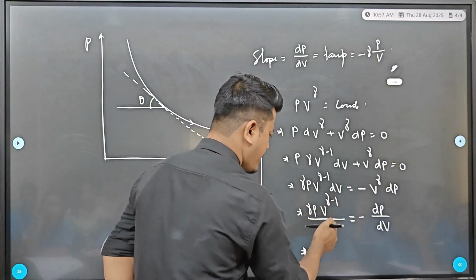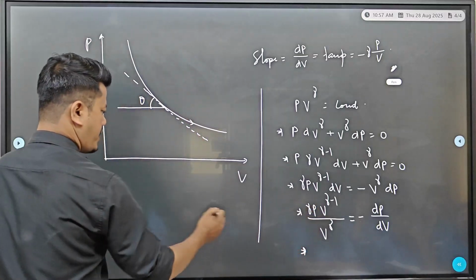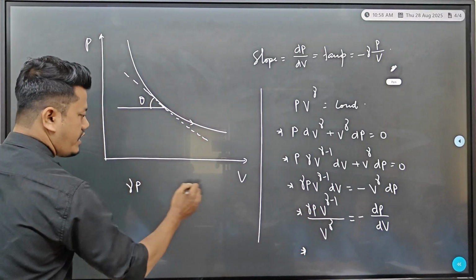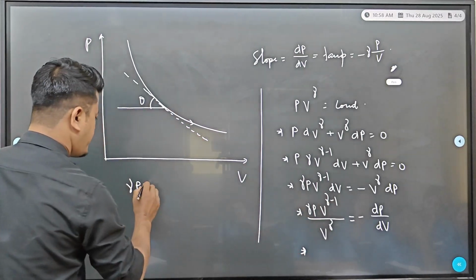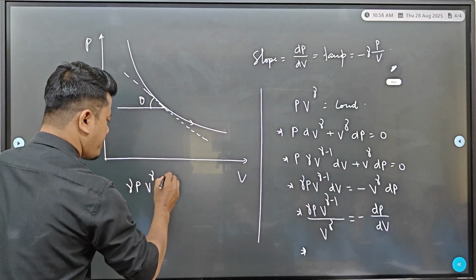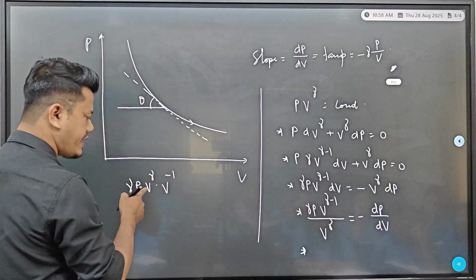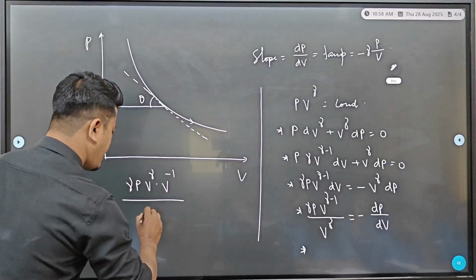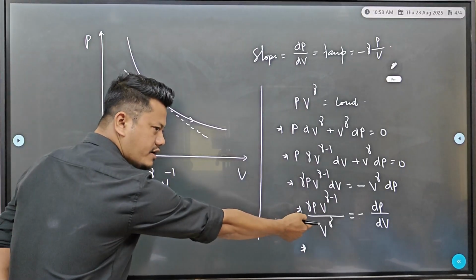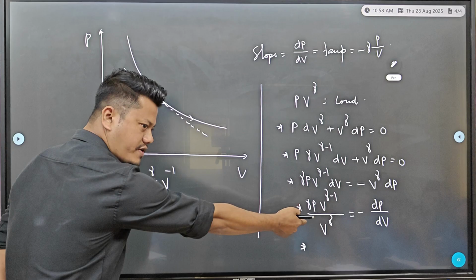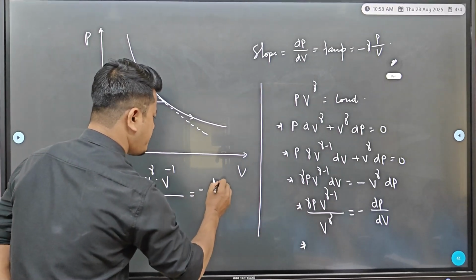Gamma P V to the power gamma minus 1 can be written as V to the power gamma into V to the power minus 1. Can I write like this? Whole divided by V to the power gamma in the denominator, is equal to minus dP by dV.